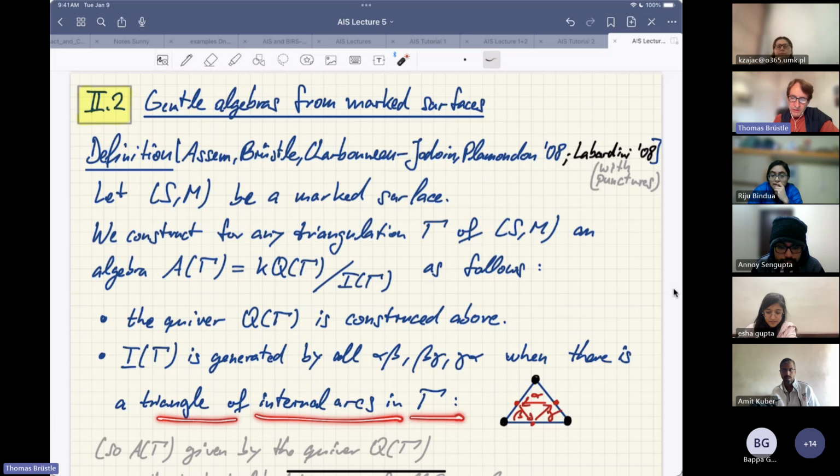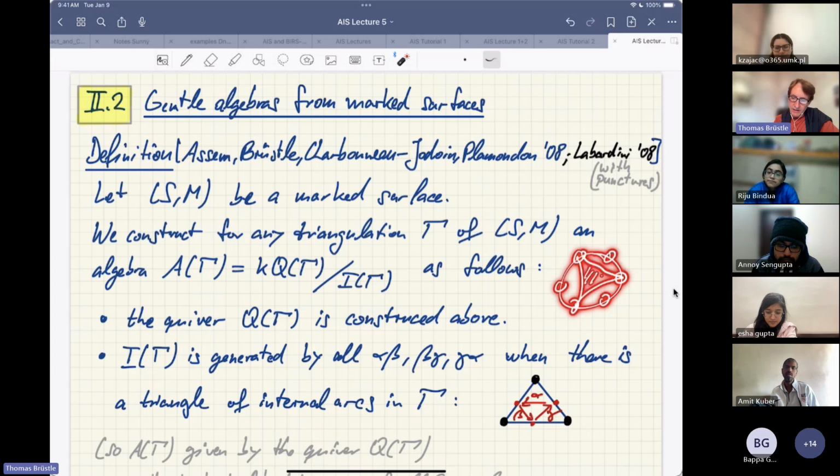So you remember before in the hexagon, we could possibly define a triangulation like this, where there's a triangle that consists only of internal arcs. Whenever such a thing happens, we do get a 3-cycle in the quiver, and I just request that any two consecutive arrows in this 3-cycle multiply to 0. This is my set of relations. Simple as that. That's okay. Good.